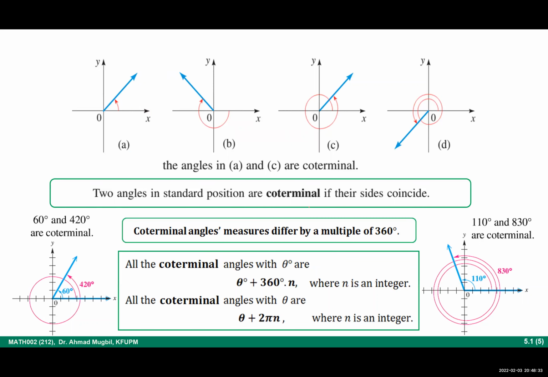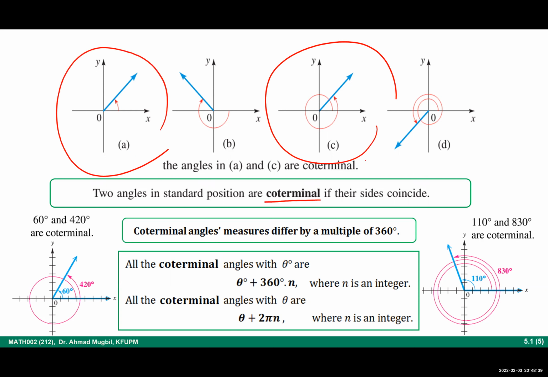What is special about the coterminal angles? What are the coterminal angles? Look at the angle here in A and the angle in C. Of course, all of these 4 angles have the same vertex and the same initial side. But the angles in A and C also have the same terminal side. They are coterminal.